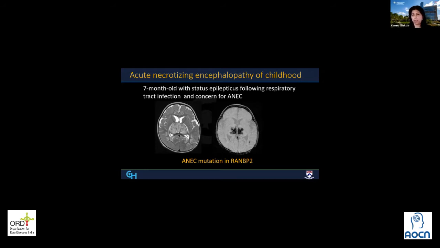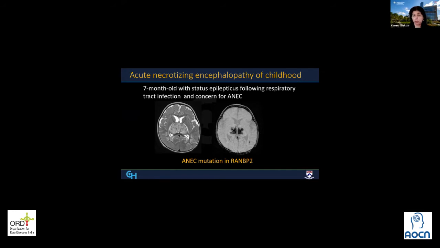We have some techniques on our SWI that we can differentiate blood from mineralization in most of the cases. Utilizing that, this was an acute presentation, this is hemorrhagic, and this is consistent with the typical picture of acute necrotizing encephalopathy of childhood. An important thing that we need to know is that this can be familial.